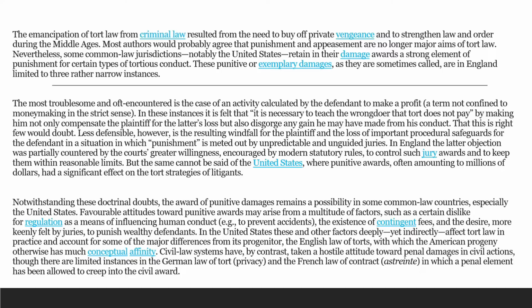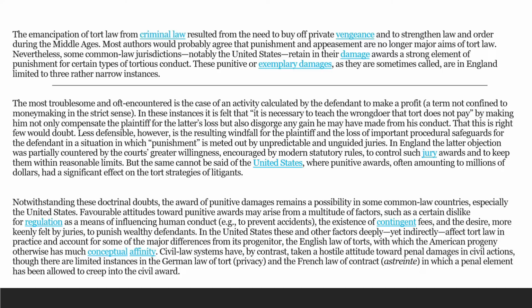In these instances, it is felt that it is necessary to teach the wrongdoer that tort does not pay, by making him not only compensate the plaintiff for the latter's loss, but also discharge any gain he may have made from his conduct. This is right.